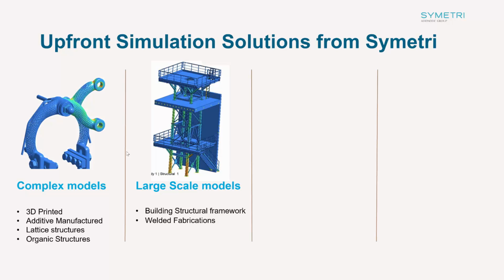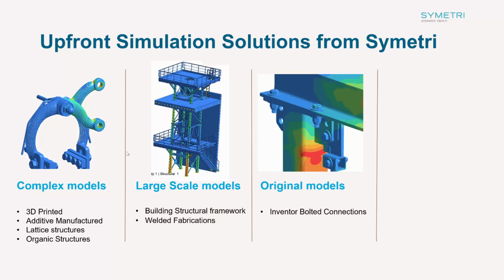Again, I'm not being a negative Nelly about this, I'm just being realistic. For any bolted connections that you create within Inventor, for Inventor Nastran you would have to take those bolted connections off and then go into the environment to define what sort of contacts they're going to be. So traditional FEA software don't really tend to do well with bolted connections or welds.